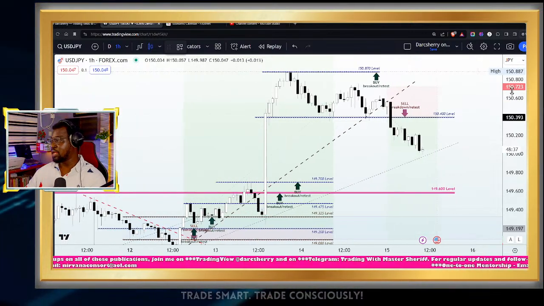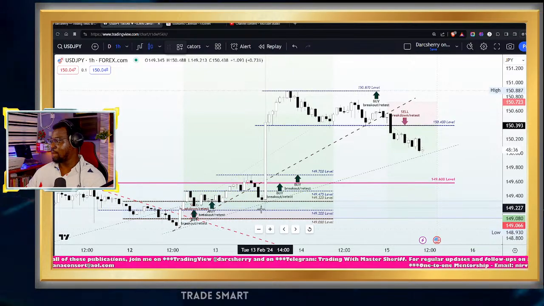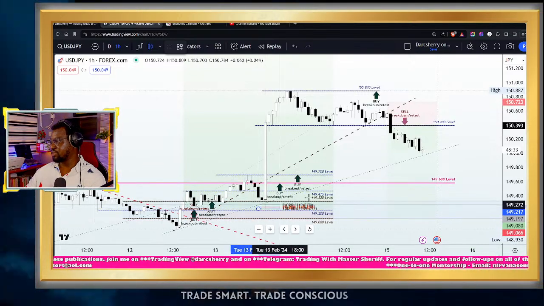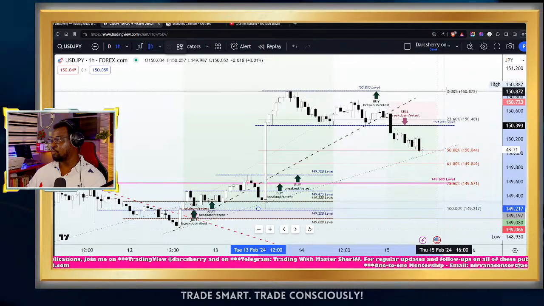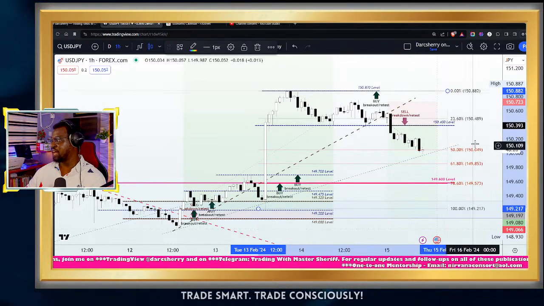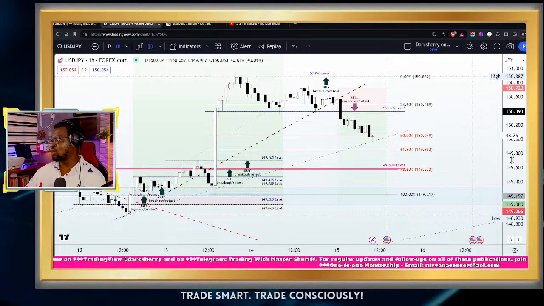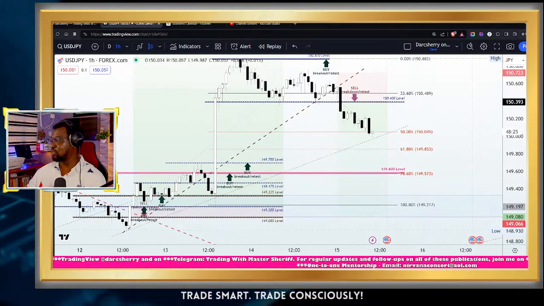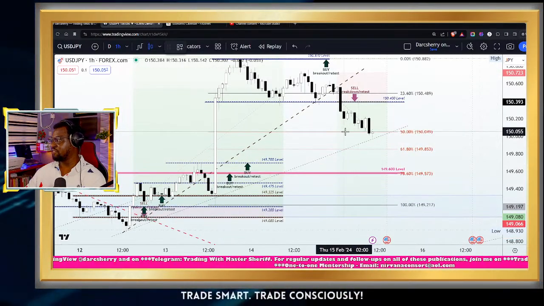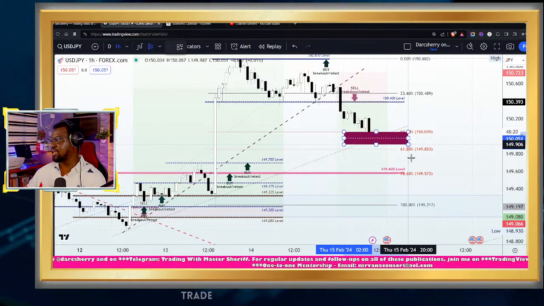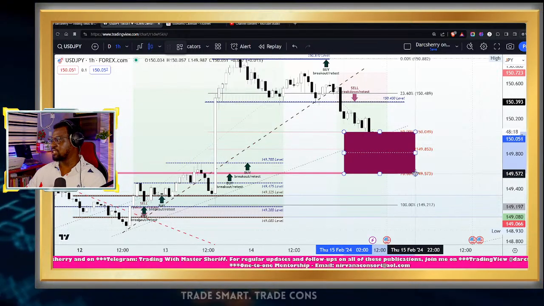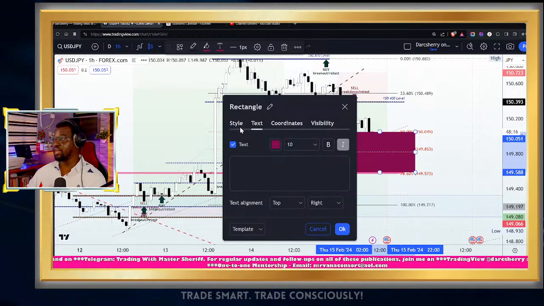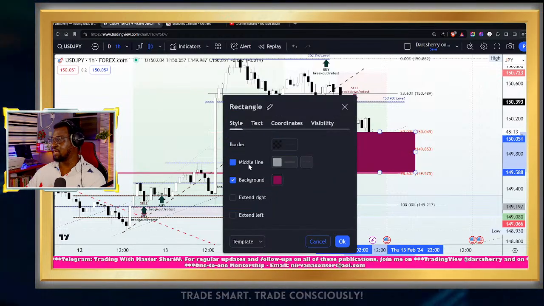So if we bring out our Fibonacci retracement tool and run it through the previous impulse leg, we should be having something like this. And our golden zone area is going to be between the 50, like you will see here, and the 149.600 area, just right around our key level for this week.